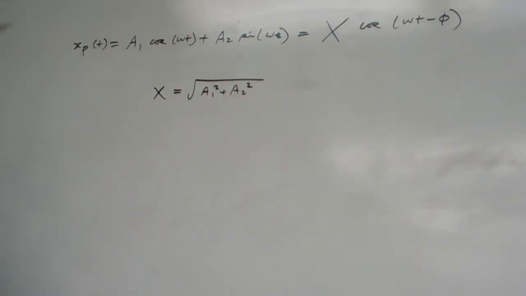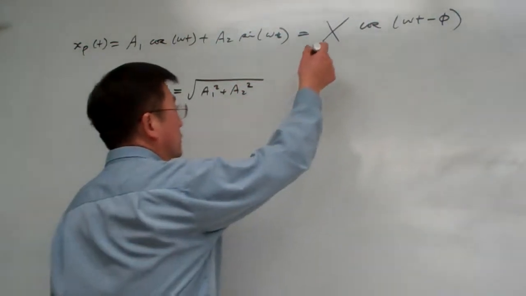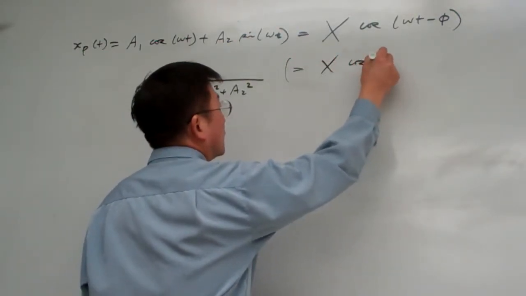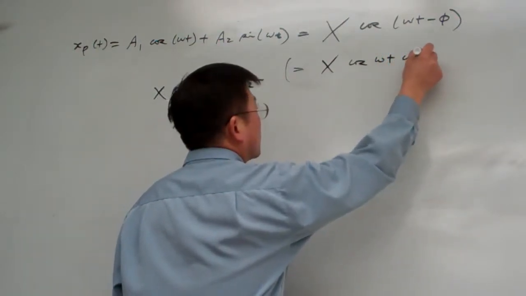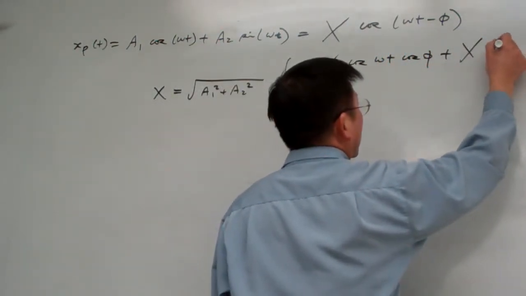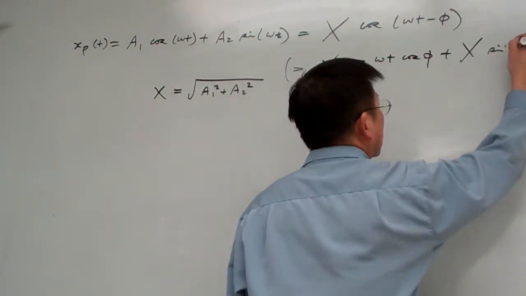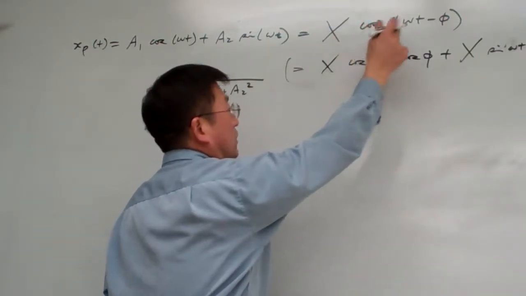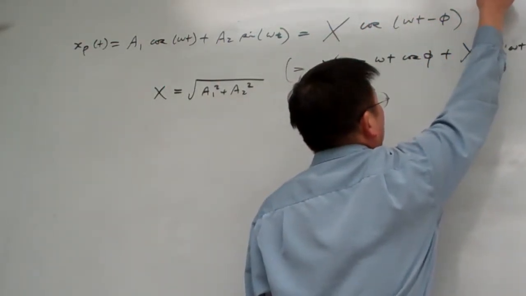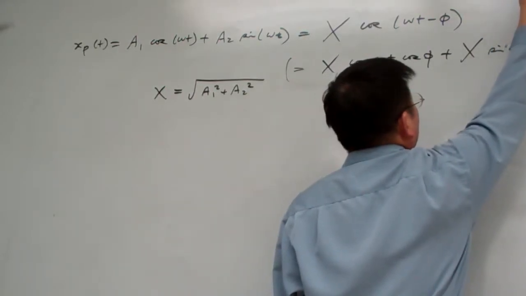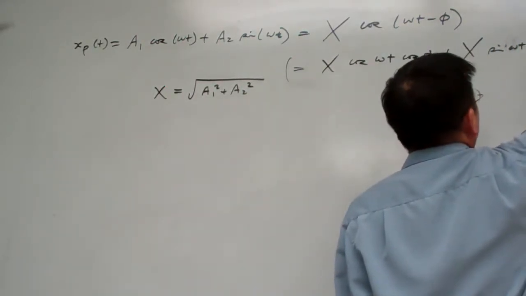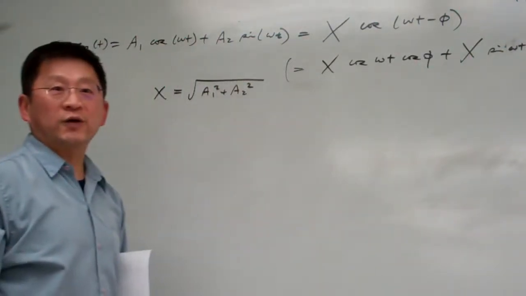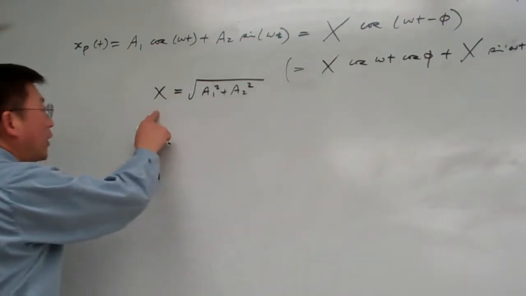I always forget, so here let me do this cross calculation. If I expand this one, this is X cosine omega t cosine phi plus capital X sine omega t sine phi. Cosine (A minus B) equals cosine A cosine B plus sine A sine B. I simply use that equation to expand this one because I want to know what phi is.